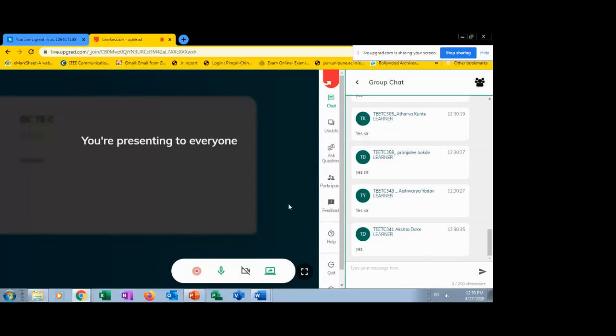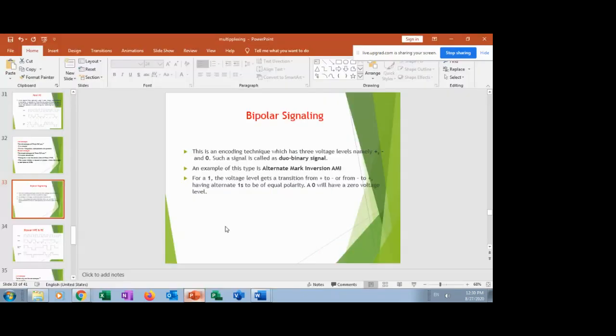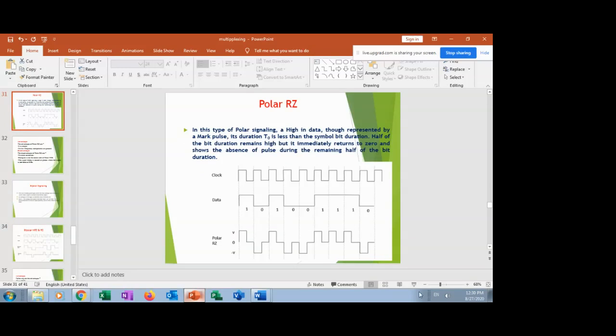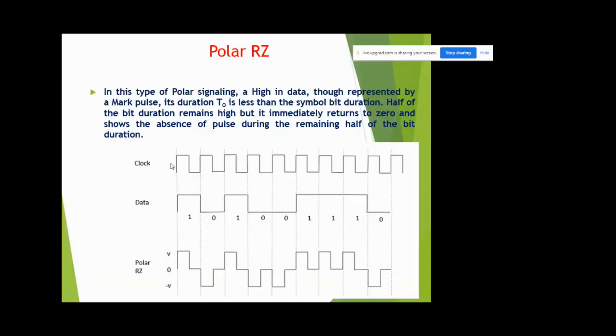Follow the process: first of all, you have to draw the clock signal. After that, you draw the basic signal given in the numerical, for which sequence you have to draw. And after that you draw the resultant output based on this one.